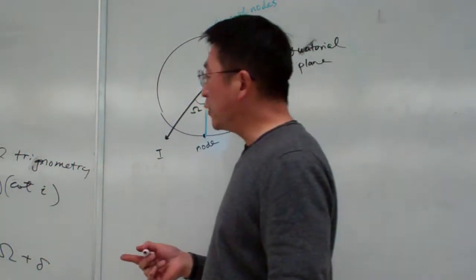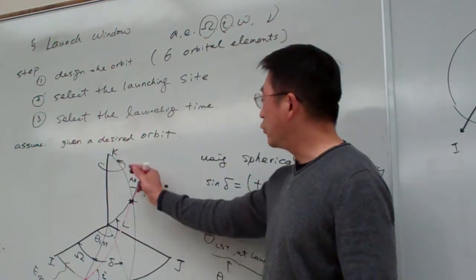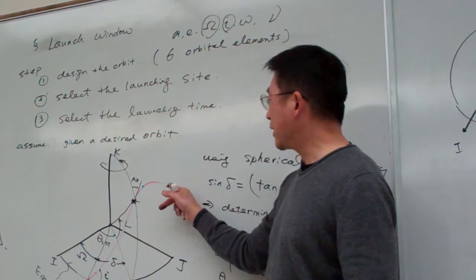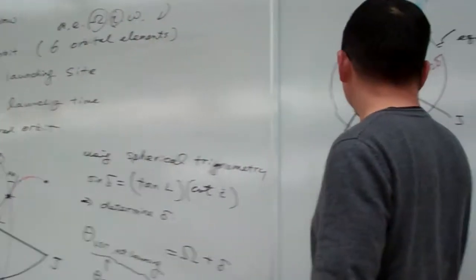So again, if we miss this launching time, then the next moment would be once the Earth rotates that much angle to hit another intersection here. And that angle is that much.